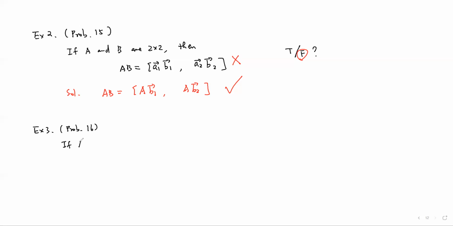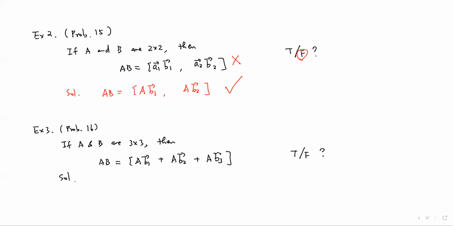If A and B are 3 by 3, then A times B is equal to A times the first column of B plus A times the second column of B plus A times the third column of B. True or false?